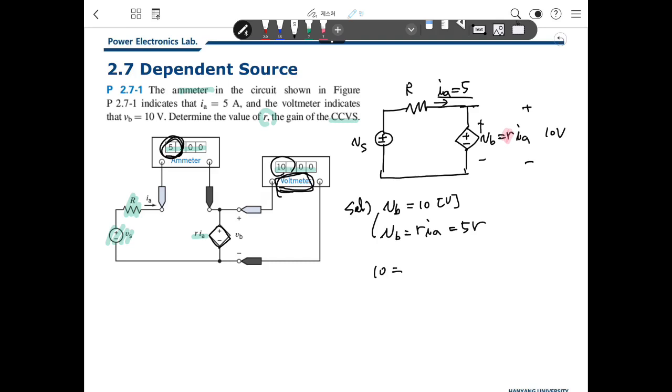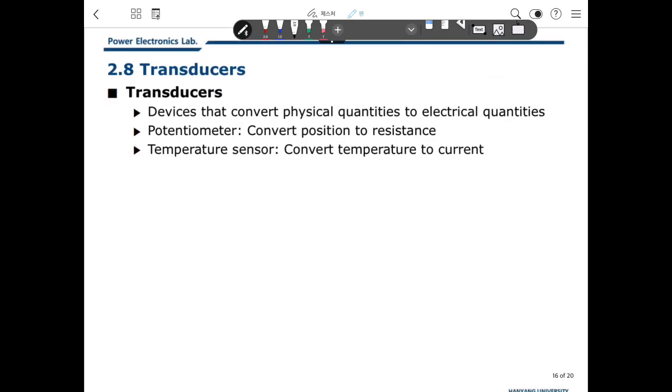So 10 is equal to 5R, so R is 2. This is the gain of this current controlled voltage source. It's simple.